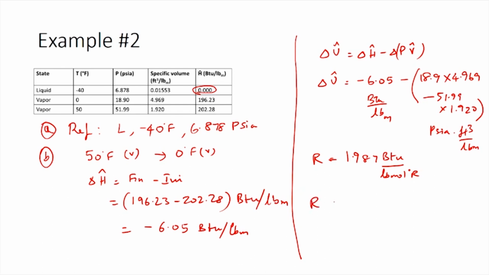Similarly, the universal gas constant in terms of PSIA can be given as 10.73 PSIA times feet cube divided by pound moles degree Rankine. Now, using these two values we can convert the value we have, which is PSIA feet cube per pound mass, into BTU per pound mass. Let us use these universal gas constant values to perform the calculations.